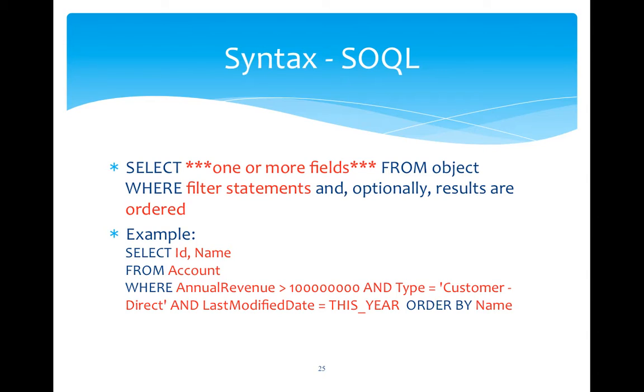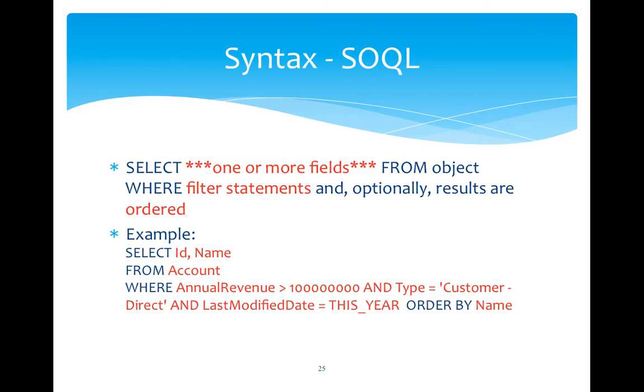If you see the example over here, you would see it matches with the syntax. So here ID and Name are field names of that particular Account object, and after WHERE we have put a filter criteria which says if annual revenue is greater than the value provided here, and if the type is Customer - Direct.